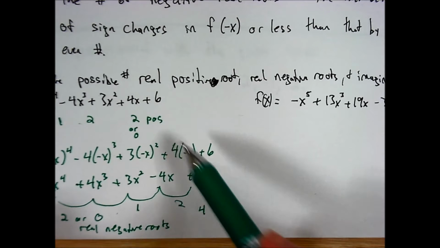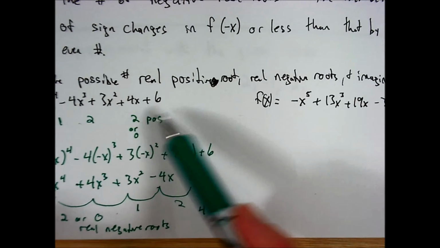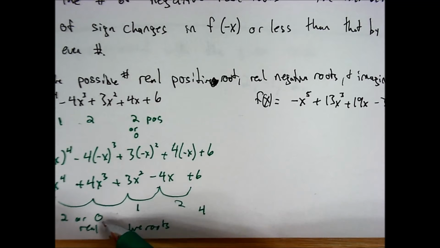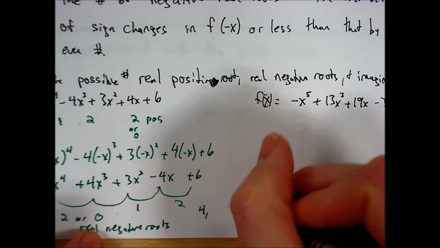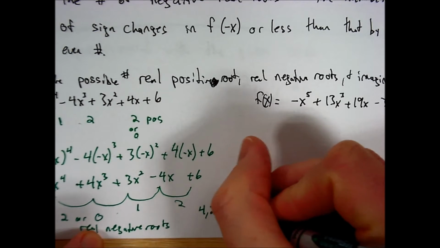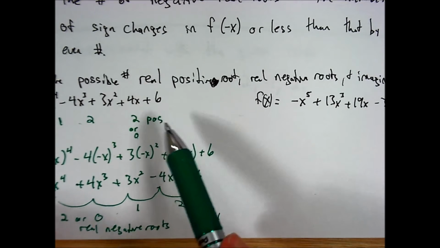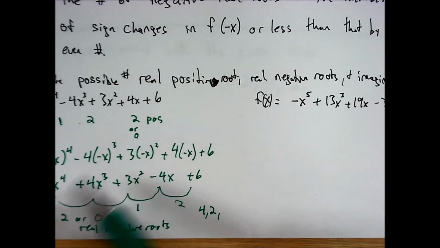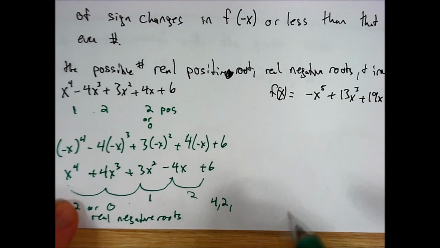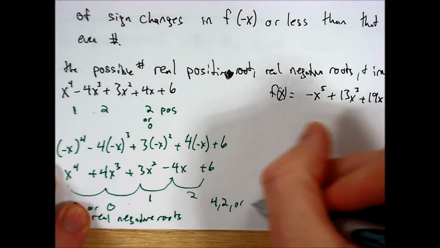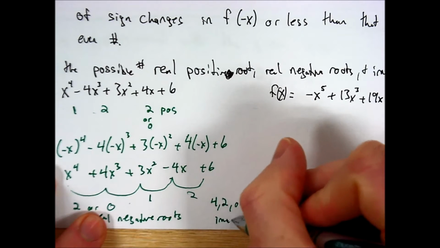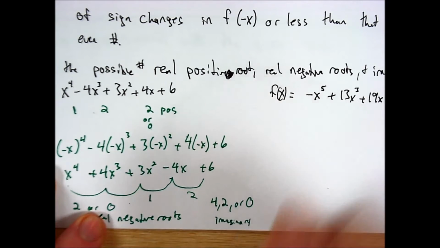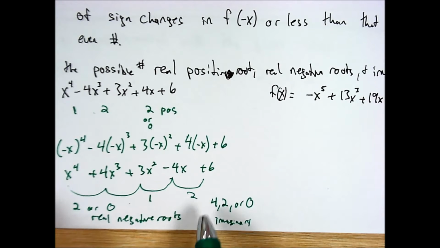Another option is I went with 2 and 0, or 0 and 2, well, that would still leave 2 imaginaries. Or what if it works out perfect with 2 positives, 2 negatives? Then I would have 0 imaginaries. So 4, 2, or 0 imaginary roots.